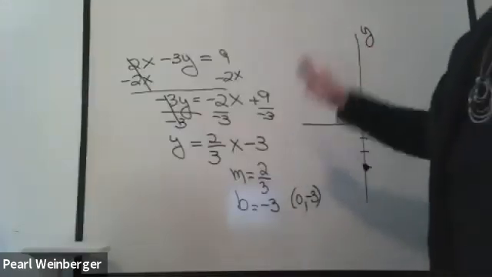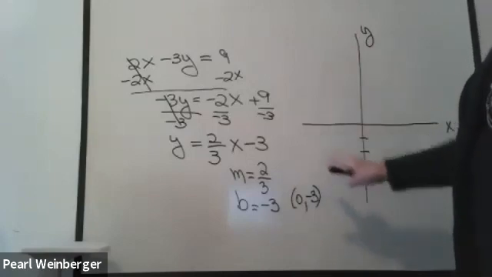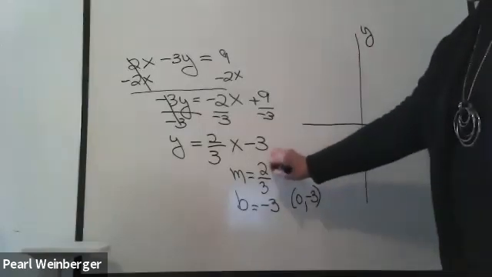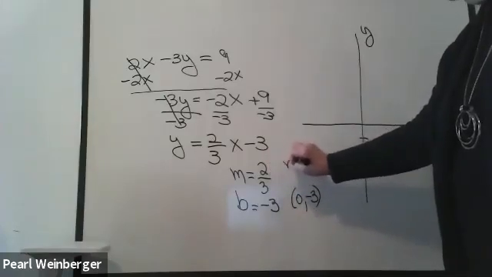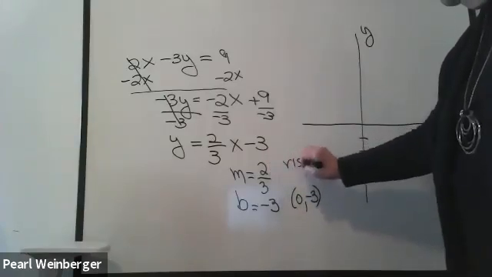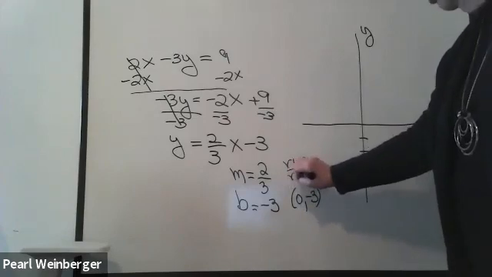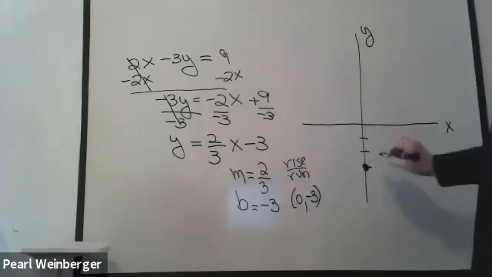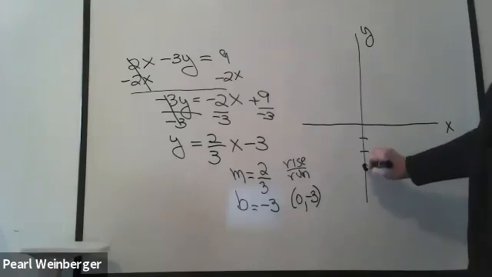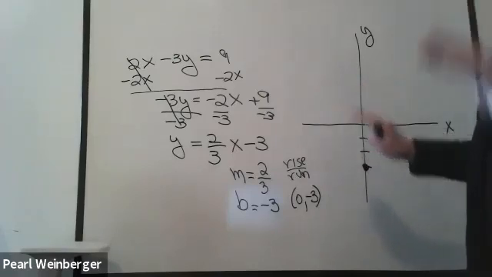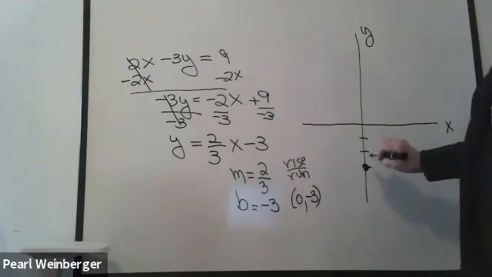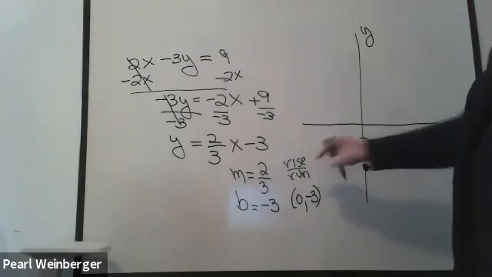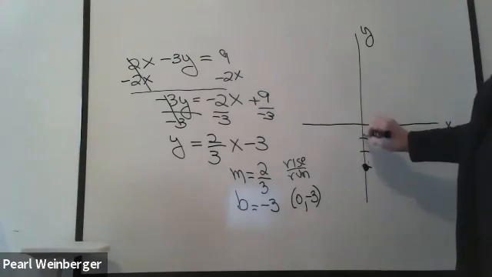Now we want to go to other points, and that's where we use the slope. The slope is 2/3. Remember, that's rise over run, which means from this first point that I gave you, I want to rise 2. That means go up 2 because it's positive. 1, 2.